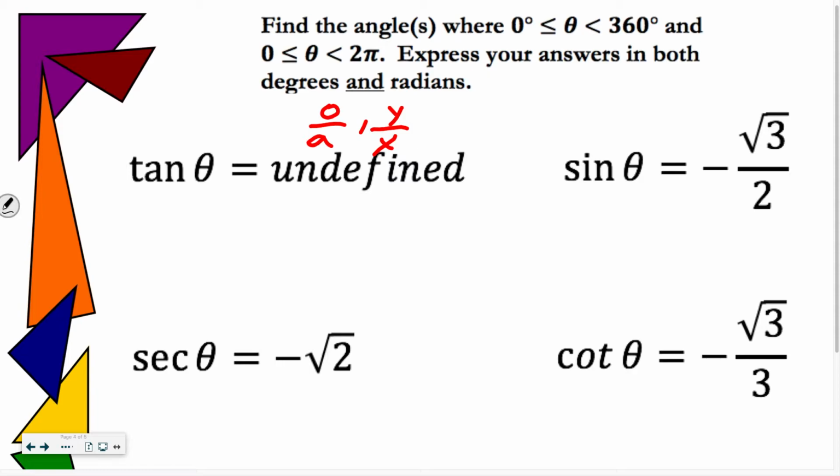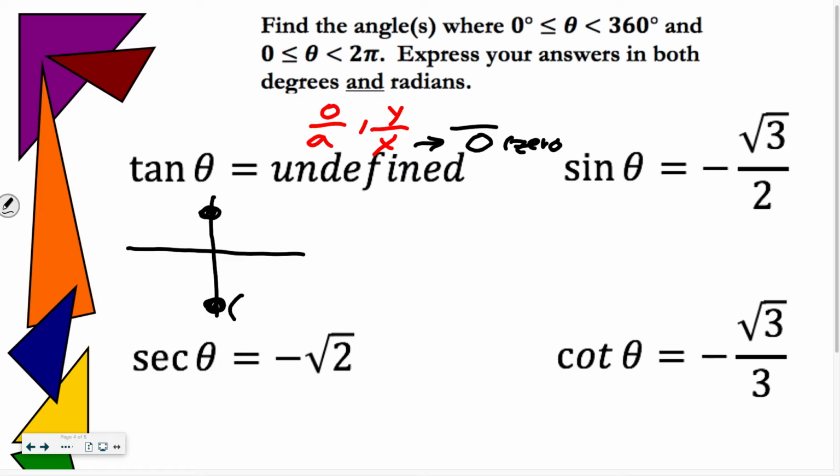And so you guys are telling me that it had to be something over 0. So when would your adjacent side, which doesn't seem to make as much sense as x, be equal to 0? When you're on the y-axis.